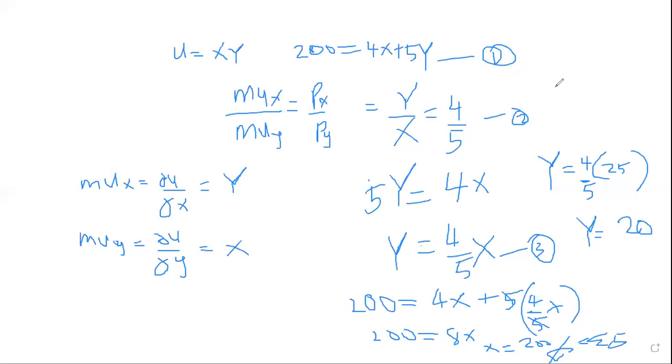Do you just state that y is this and x is this? Yes. If the question is asking you to find the optimal levels of X and Y, you say Y is 20, the consumer will consume 20 units of Y and 25 units of X to maximize his satisfaction.